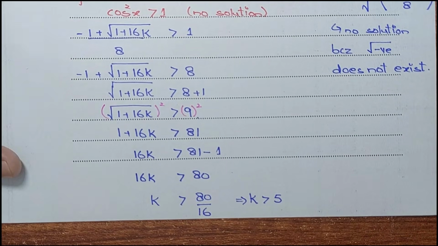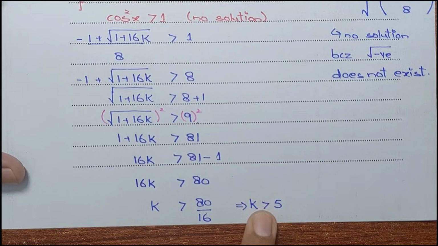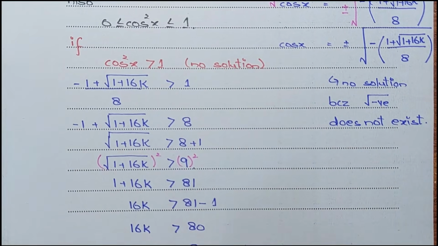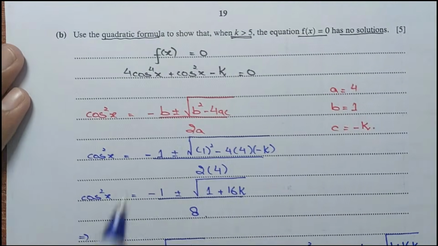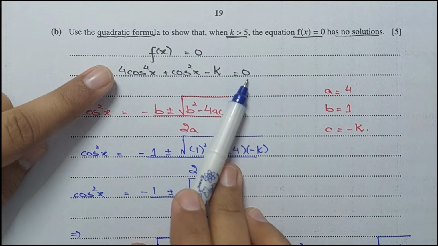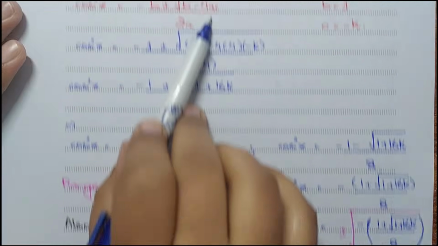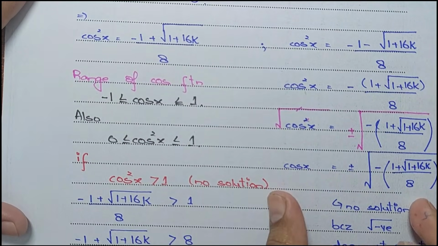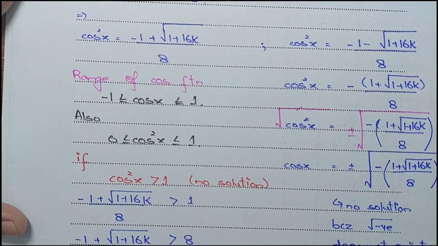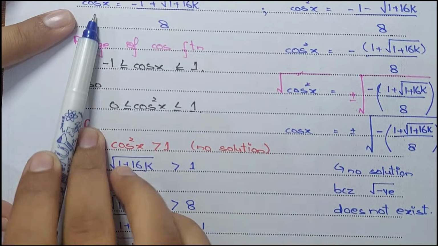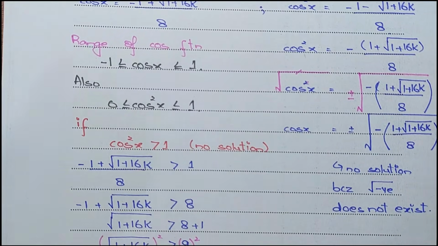Okay, so from here k is greater than 5. So it is proved that when k is greater than 5, we have no solution, right? So we have proved in both cases that the equation f of x equals to 0, we put f of x equals to 0, write down the equation, then use the quadratic formula. We have two cases, right? With the help of this case, we know that the square root of a negative number does not exist, so we have no solution. By this, we know that the range of cos square is between 0 and 1. If the cos square value is between 0 and 1, its solution exists.